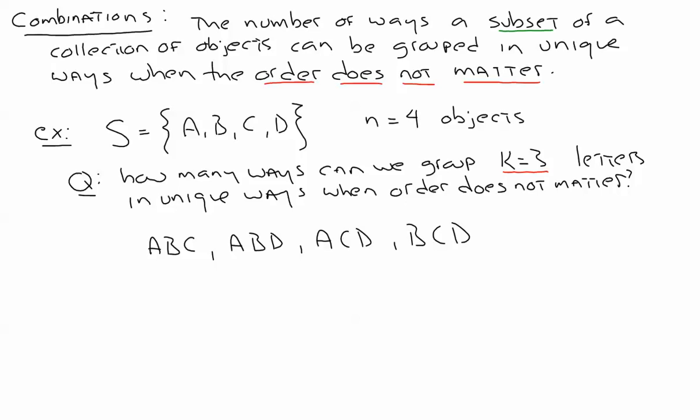In other words, for example, the group B, C, D, for purposes of determining the number of combinations, B, C, D equals C, D, B, that equals D, B, C, and several other orderings. So for purposes of combination, the order doesn't matter.